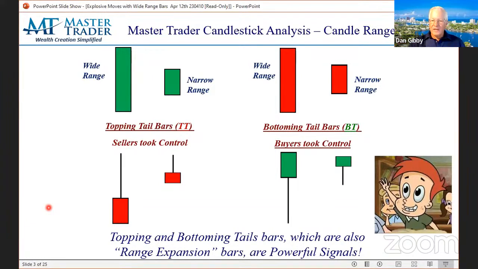For those wanting a more concrete answer, because you can't program "big bar" in your scanning software, and you're the one that programmed all these, Greg, my thought would be, I want a wide range bar that is twice the size of the prior 30 average.